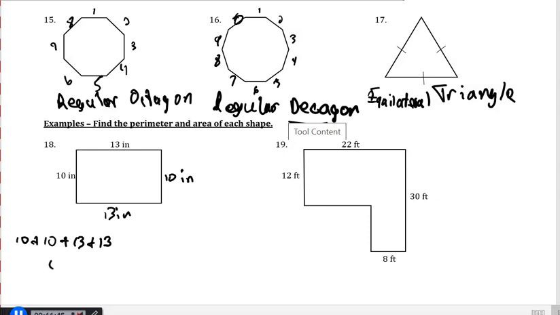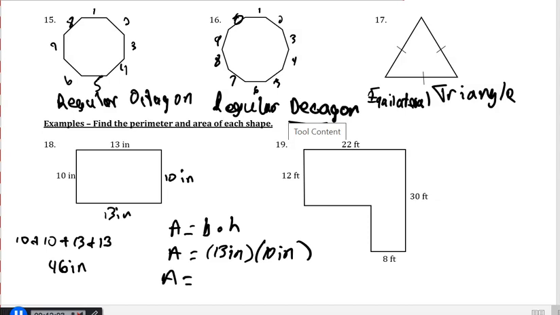Say 26, 36, should be 46 inches. All right. When we do the area of a rectangle, that's our base times our height. So for us, that's 13 inches multiplied by 10 inches. So we would say our area is 130, and then this unit multiplied by this unit gives us inches squared.